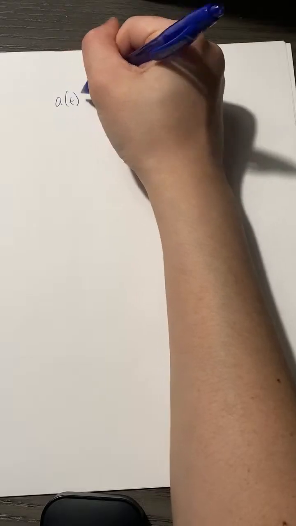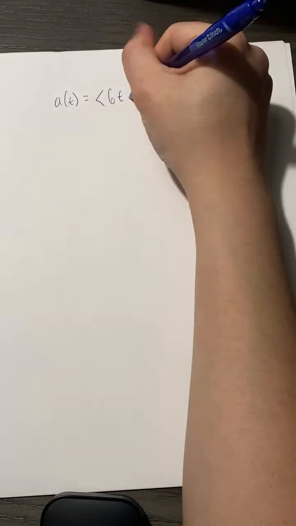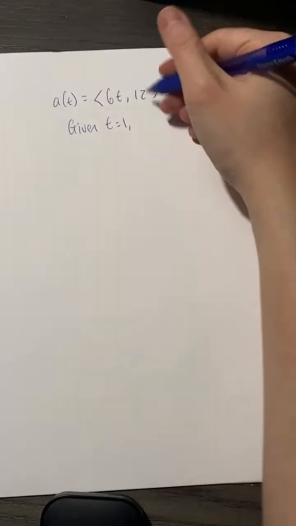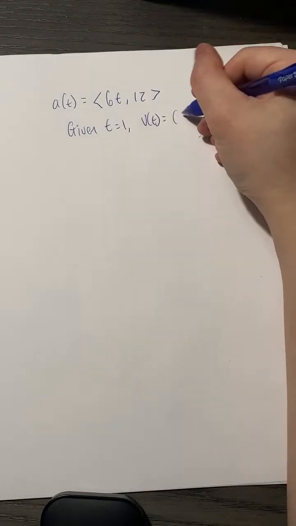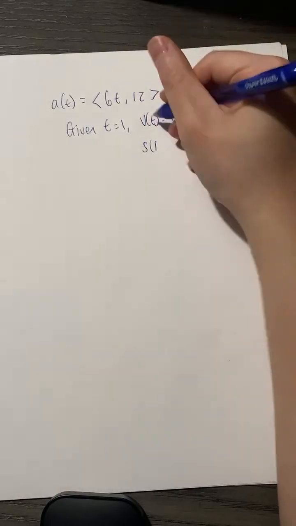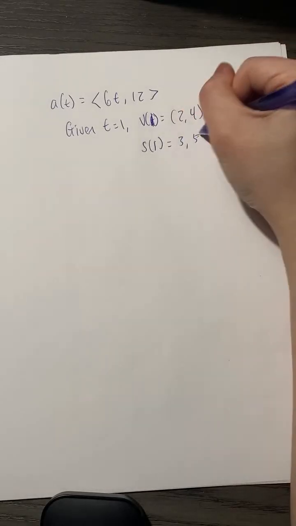So the last question I wanted to do is the annoying question where we're taking integrals now. So acceleration will be these two things. And then we're given some time, t is equal to 1, the velocity is 2 comma 4 or something, and then the position, s of 1 I guess, is 3 comma 5 or whatever.